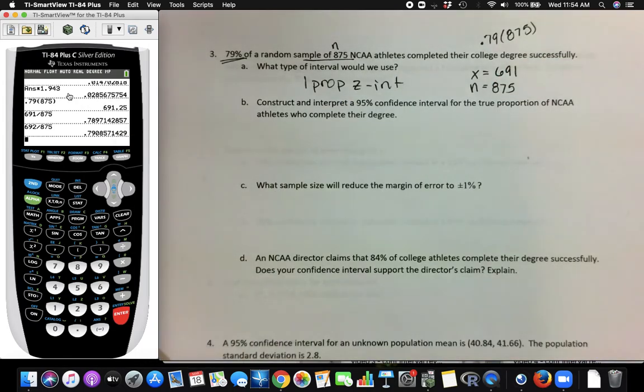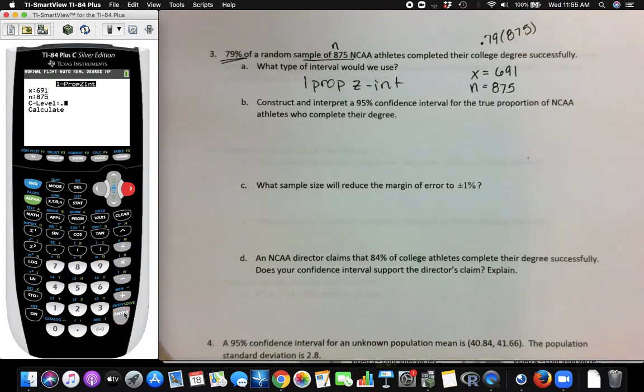So I'm going to be more inclined to use 691. Okay, so now when we go to stat, over to tests, we are looking for the 1 prop z interval. So you have to scroll through all these tests to get to your intervals. The tests are coming up next, so don't panic too much. 691, 875.